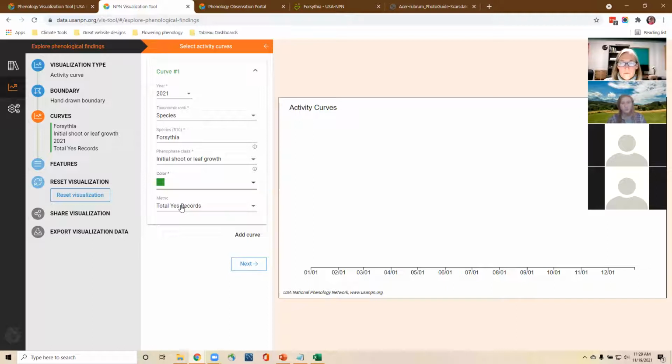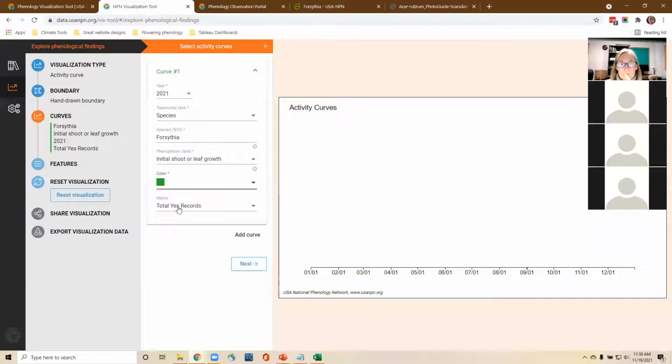If you're looking at a very small area, or you know that there's a particular group that's been observing, there's a way to get into this tool from your local phenology program link. I can go over that after we're done. If you have a program set up, your data is tagged with that program, and so you can get into the visualization tool with a filter already set.